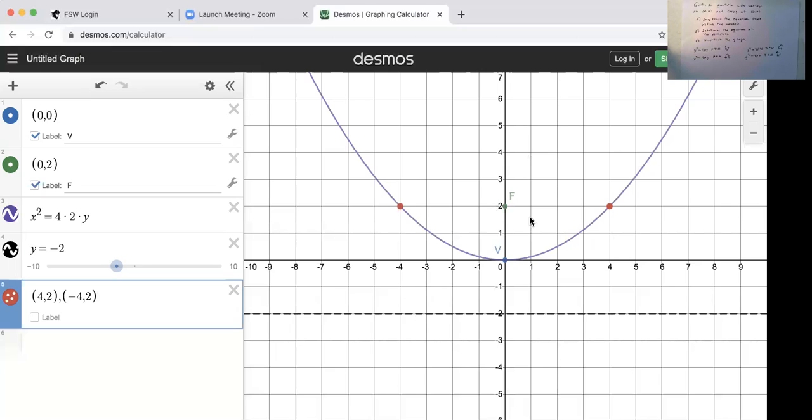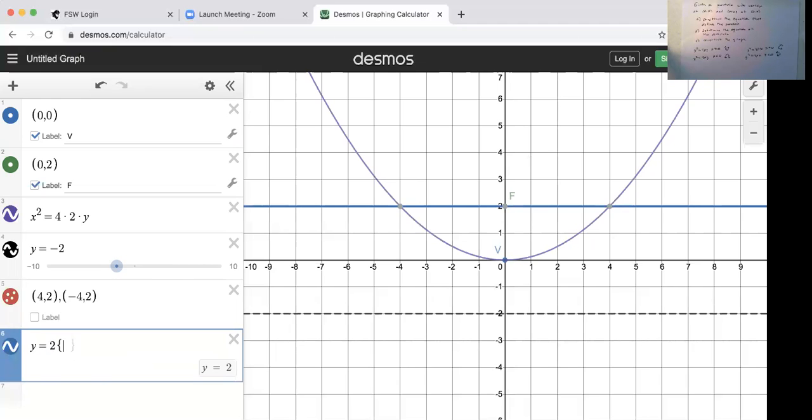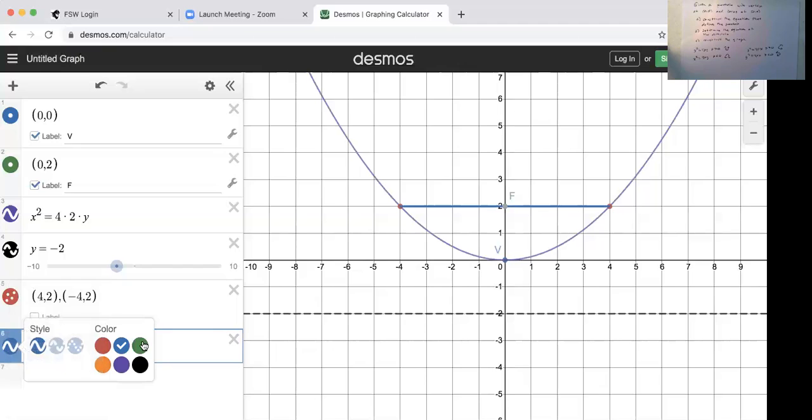And if you're interested, that line between those 2 points is called the latus rectum. In this case, it would be y equals 2 as we range from -4 less than x less than 4. So that's a way to get a couple points on the graph.